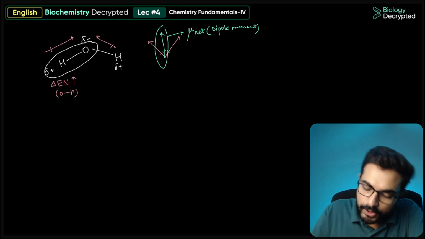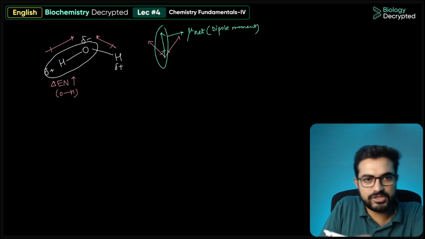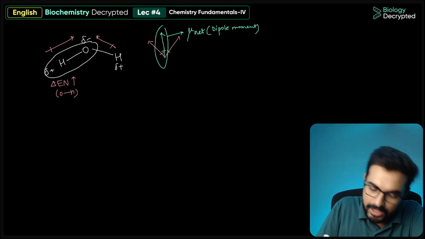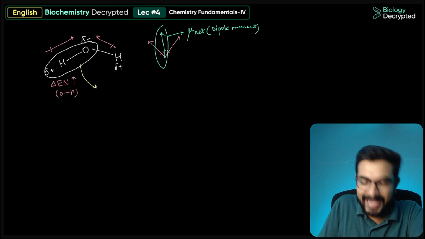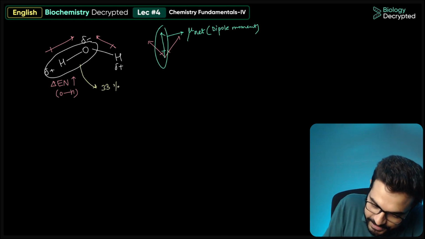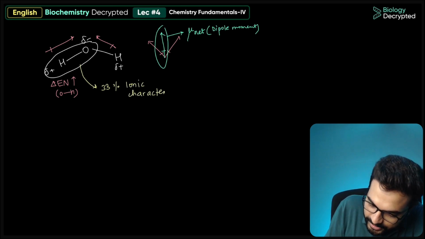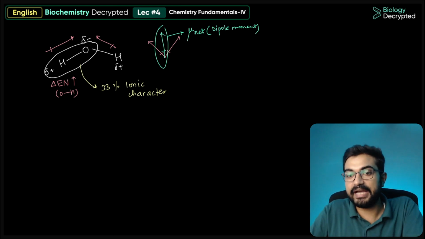Now, talking about this particular bond and also this one, because both the bonds are essentially the same. This particular bond, OH bond, has 33% ionic character.